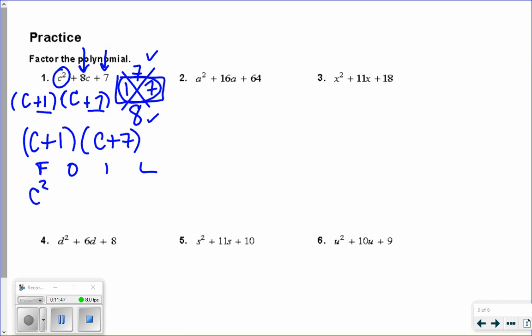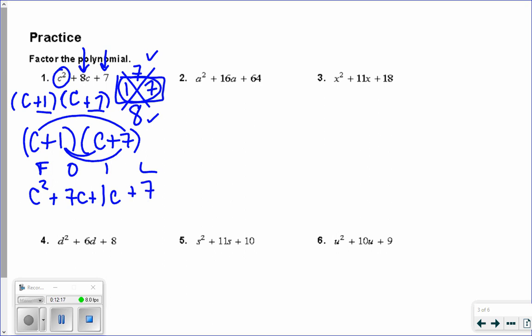Then I would do the product of the outer factors, which would be c times 7, which would give me a 7c. After that, I would do the product of the inner terms, which would be 1 times c, or 1c. These are positive. And then the last term would be the product of those last two numbers, 1 times 7, which is just a 7.